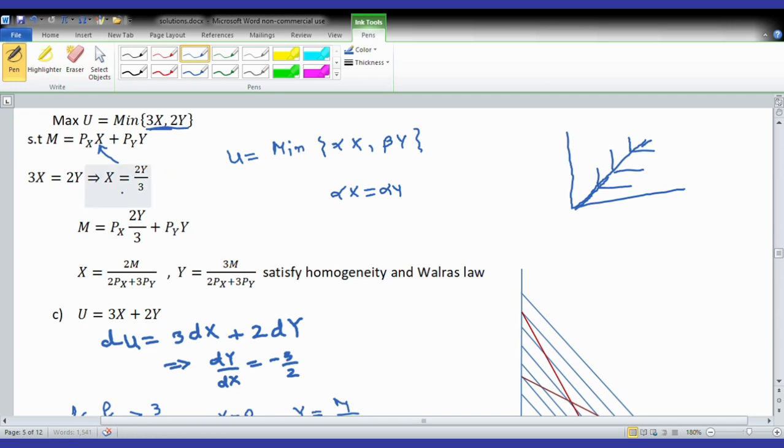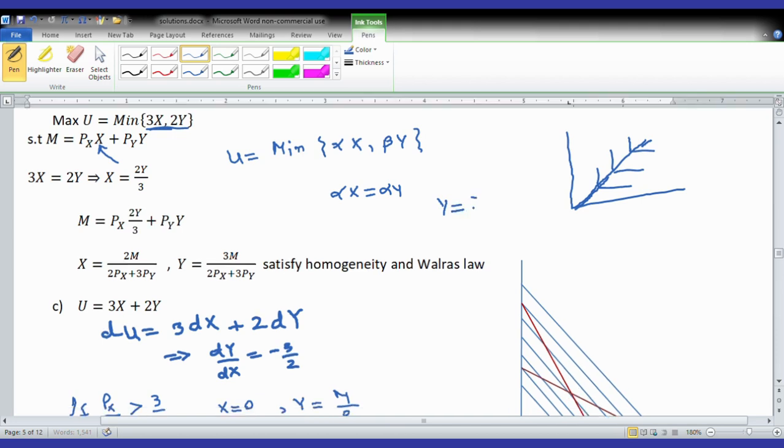If in place of solving for x, I had to solve for y, it would be y equal to 3 over 2 x. See that we are plotting y here and x here. The slope is equal to 3 over 2.